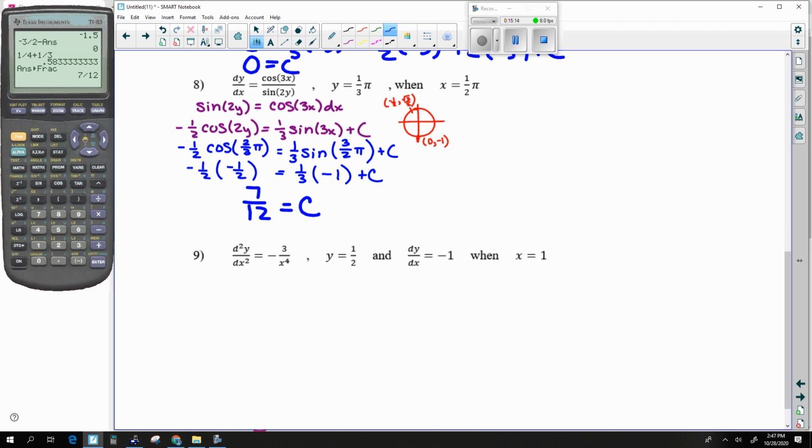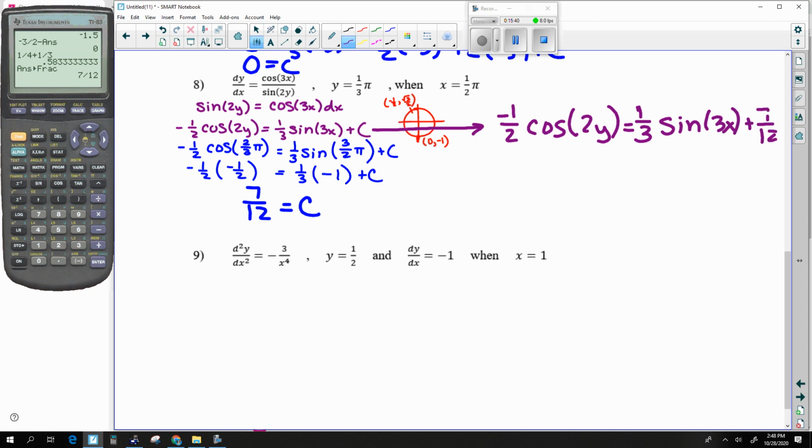So go back to the statement in which we originally had the C, and that is going to be negative 1/2 cosine 2y is equal to 1/3 sine 3x plus 7/12.